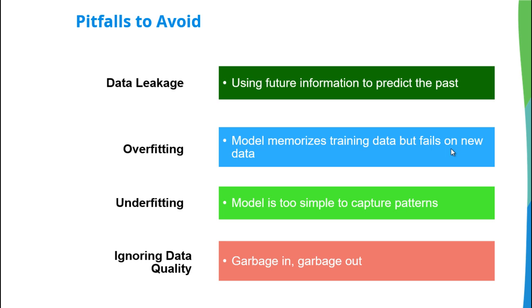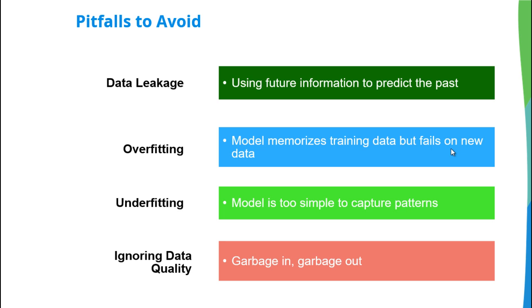We also have underfitting, where the model is too simple to capture the patterns in the features. If the patterns cannot be captured, the model is too simple, which results in poor prediction. In this case we have very low training accuracy, which also affects the testing accuracy.